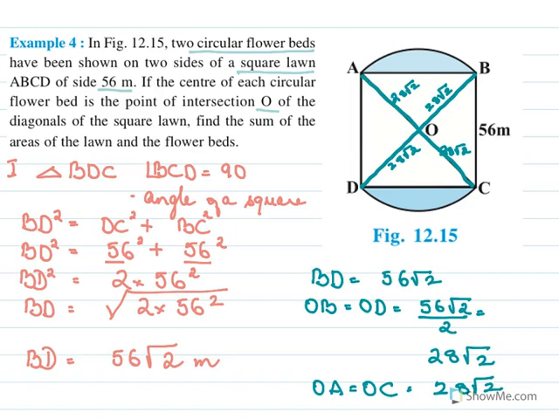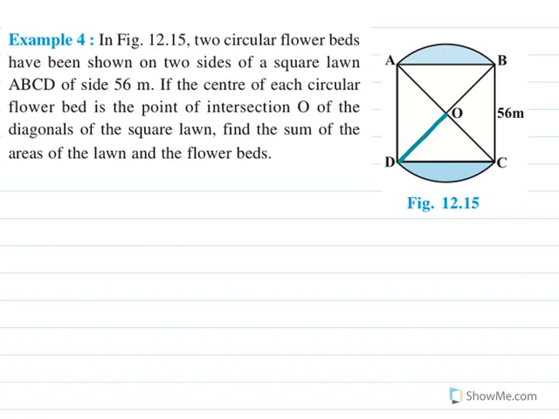So now I'm ready to find the area of AOD. In the earlier figure, we found OD, OC, OB and OA. All of them were half of BD, that is 28 root 2.